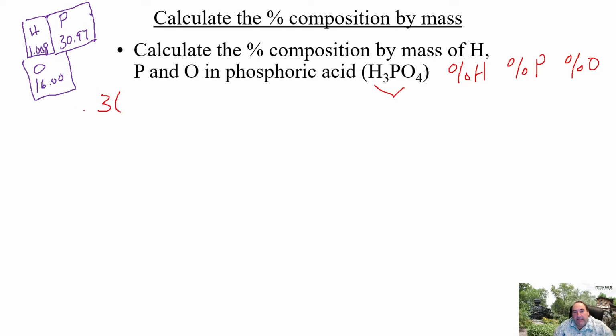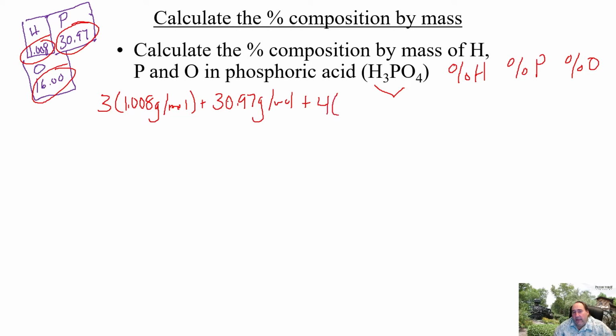So we're going to add up all the parts. That is 3 times our hydrogen of 1.008 grams per mole. That then is adding 1 phosphorus at 30.97 grams per mole, again coming from the periodic table. And we're going to add that to 4 times 16 grams per mole, which is the molar mass of our oxygen.